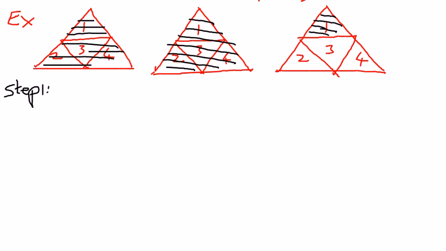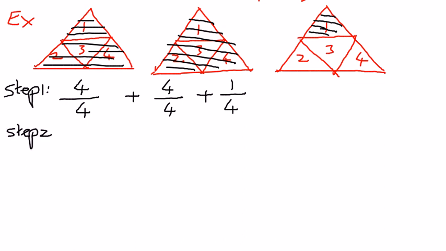In the first triangle, there are 4 parts which are shaded out of the total of 4 parts which are available to us. Plus, in the second triangle, there are 4 parts which are shaded out of the total of 4 parts which are available to us. Plus, in the third triangle, 1 part is shaded out of the 4 parts which are available to us.